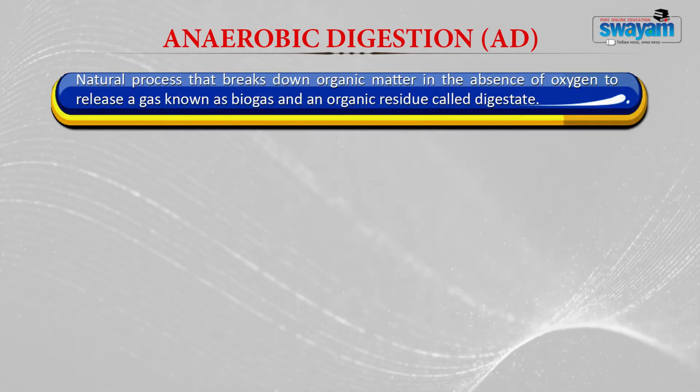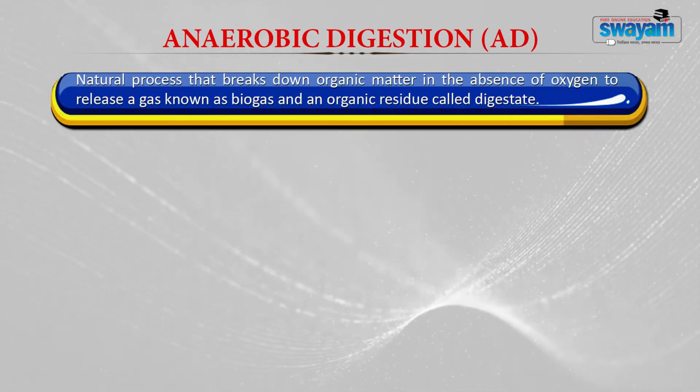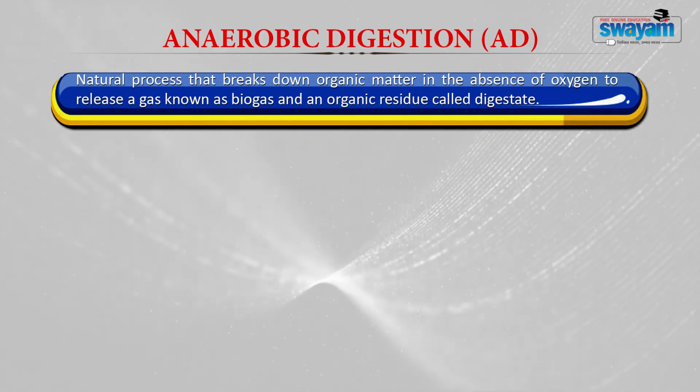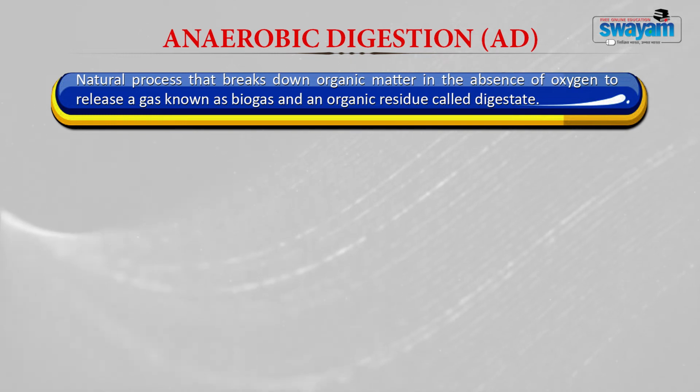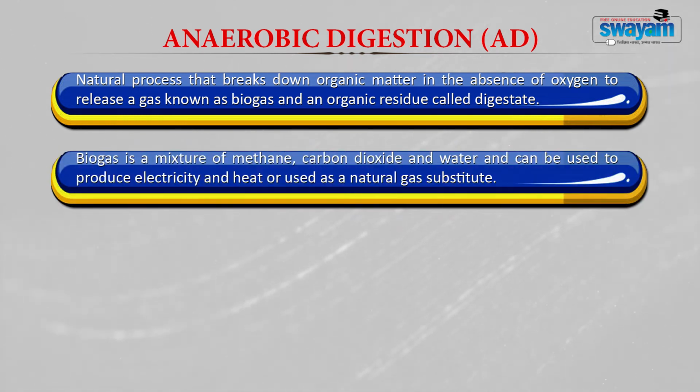Again, it is a natural process which breaks down the organic matter in the absence of oxygen and releases gases like biogas and leaves a residue, an organic residue called digestate. Biogas, as you all know, is a mixture of methane, carbon dioxide and water. The major fraction is methane gas followed by carbon dioxide. Almost 60% methane is produced and 30 to 35% carbon dioxide is produced.